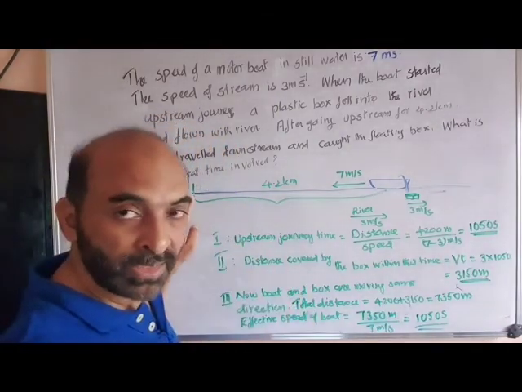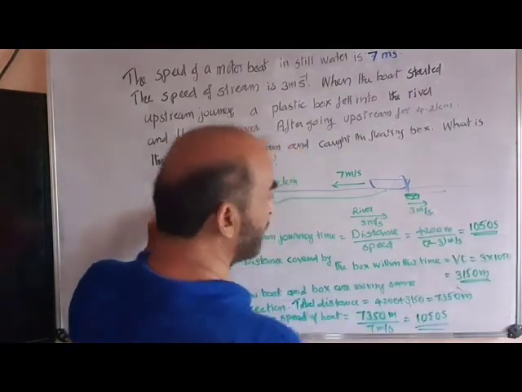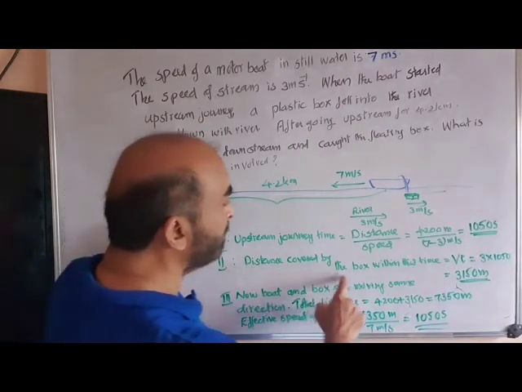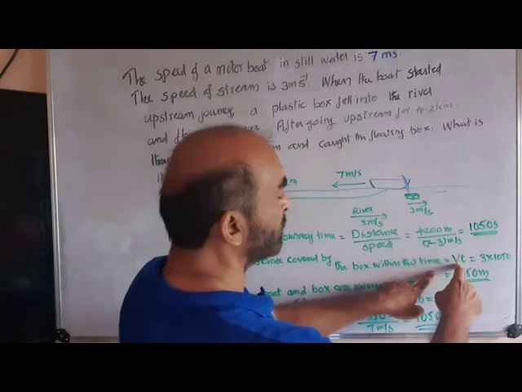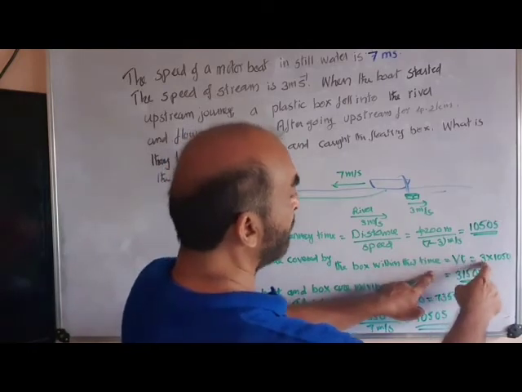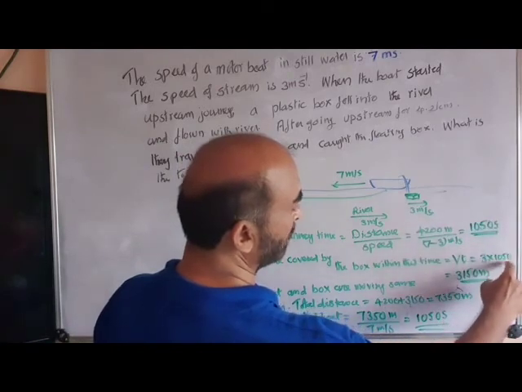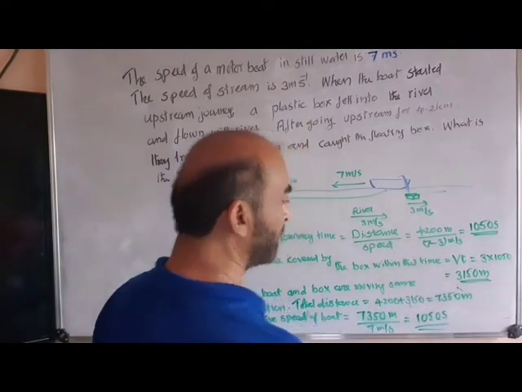But in the meantime, the box has flown along with the river. So, in the second phase, distance covered by the box within this time is equal to velocity into time. River speed 3, 3 into time, the same time, 3 into 1050. 3150 meter it has flown.